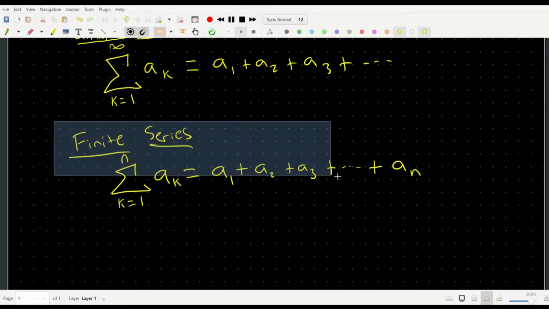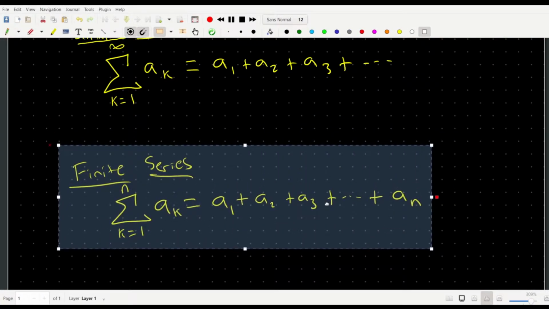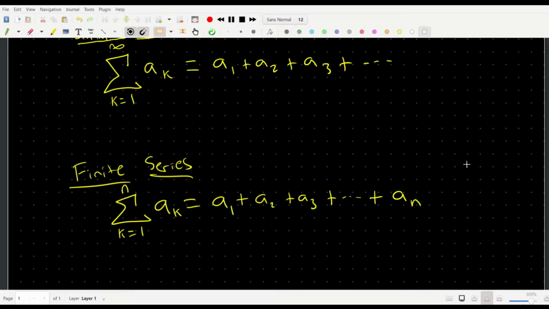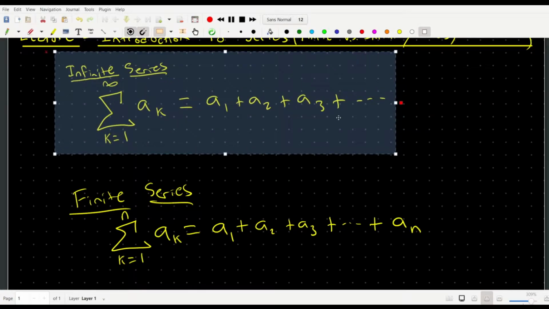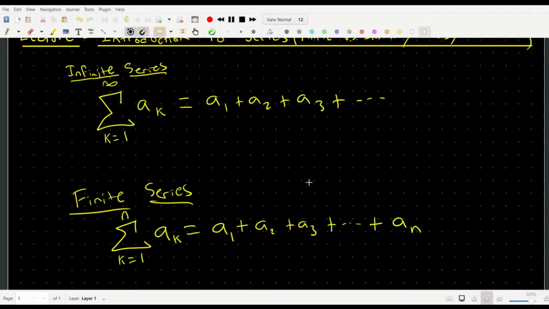So the idea here is that finite series in this sigma notation you're hopefully familiar with from your Calculus 2 course, but what we really want to get a hold on is what an infinite series is, and how do we define the convergence of such an infinite series. What does that actually mean?